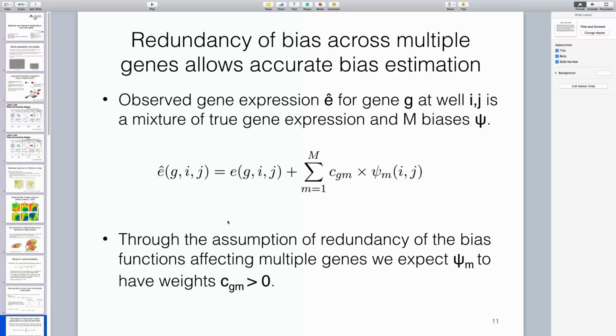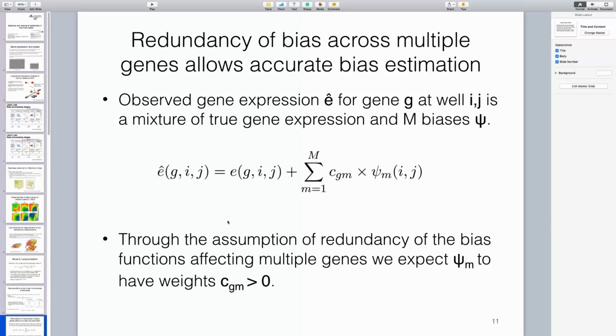The gene expression that we observe is basically the sum of the true gene expression, E, that we don't know, plus a sum of bias functions, if you will, that are additive to what we observe.